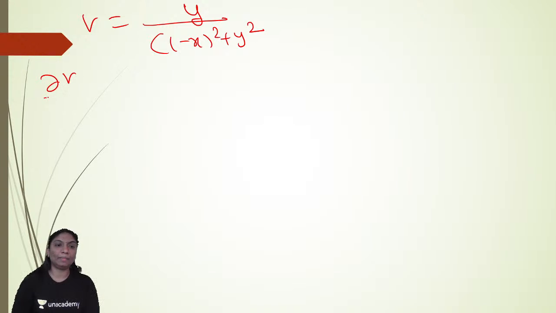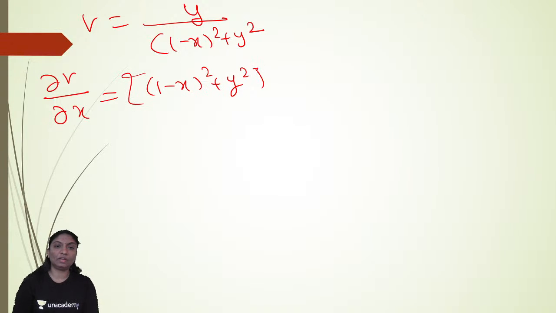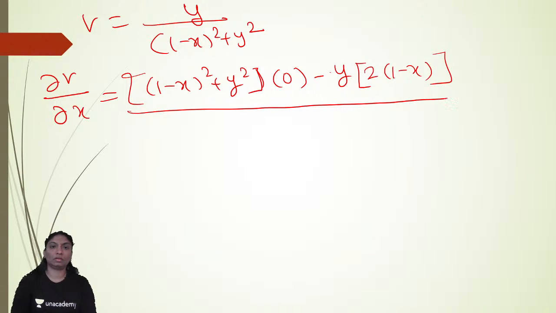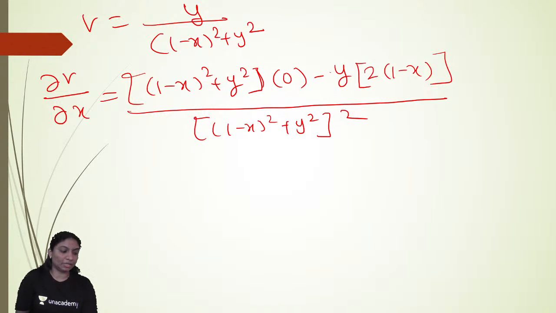Now ∂v/∂x: we will get v du, v is (1 minus x) whole square plus y square, into derivative of y with respect to x, which is 0, minus u dv, for derivative of v with respect to x, so 2 into (1 minus x), and its derivative is 0, upon (1 minus x) whole square plus y square, whole raised to 2.